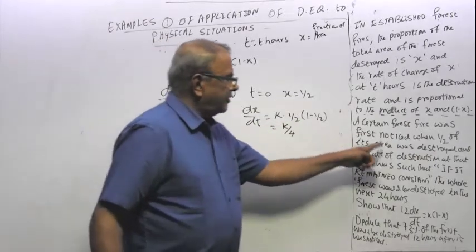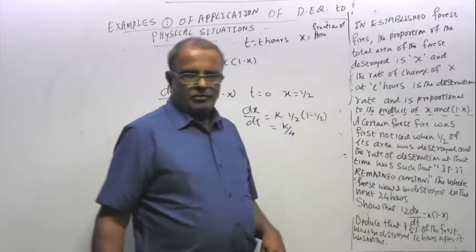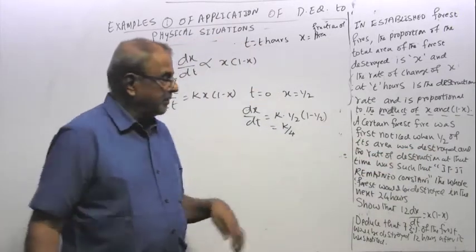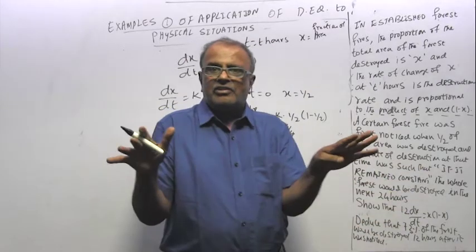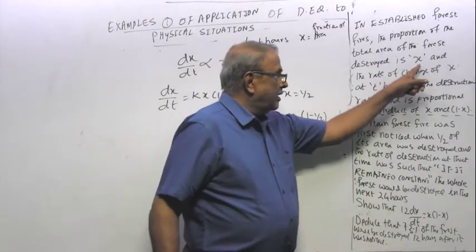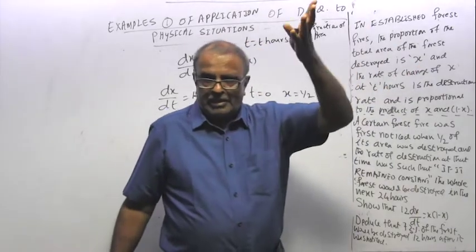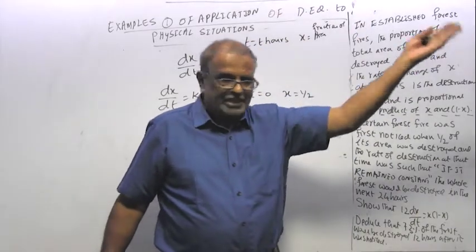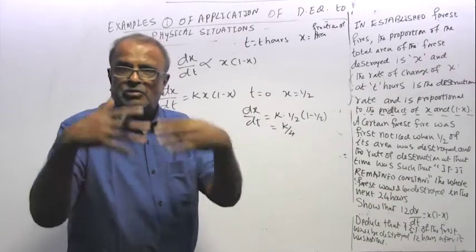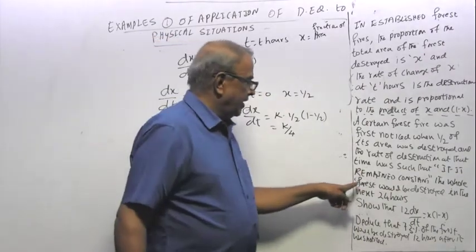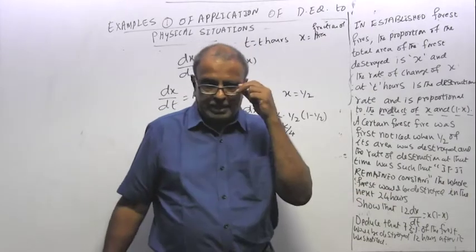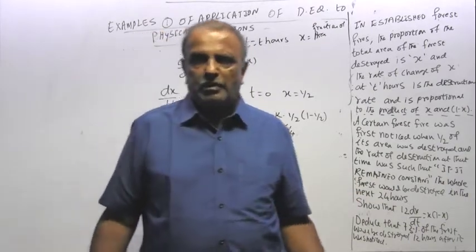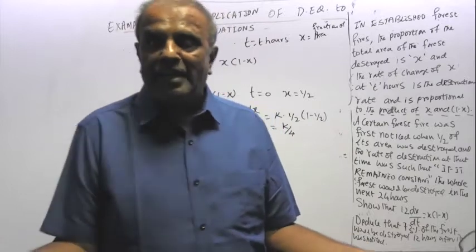The rate of destruction at that time was such that if it remained constant, remember it doesn't remain constant because it depends upon X and 1 minus X, the product, it keeps on changing as X keeps on changing. But suppose for a moment it was a constant, then the whole forest would have been destroyed in the next 24 hours. That means in the next 24 hours, half the forest would be destroyed.